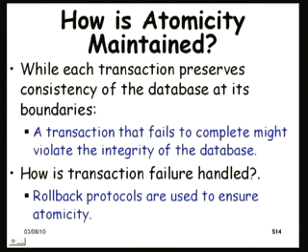The rollback protocols are used to ensure atomicity of the transactions, and we do not allow a transaction to be partially complete. So, atomicity ensures that the transactions complete as a whole, or there is no effect of the transaction.